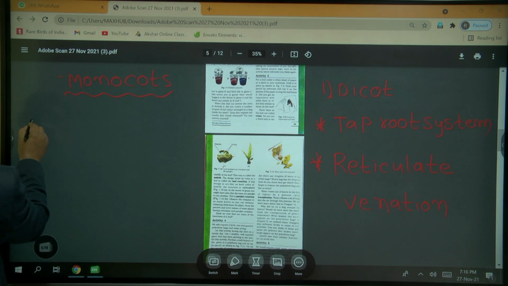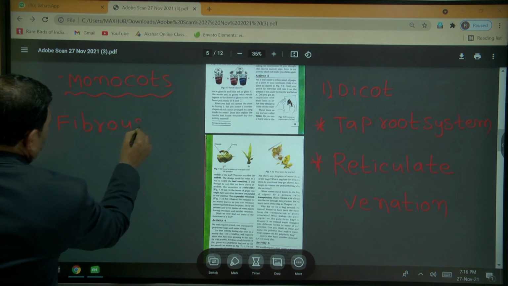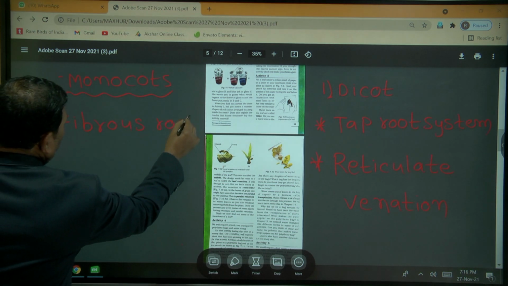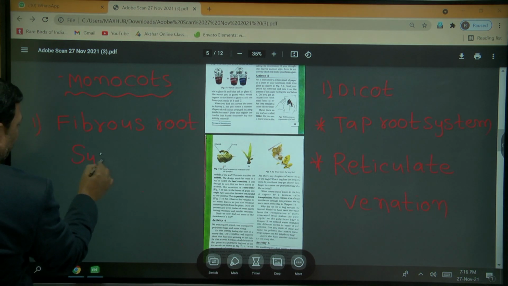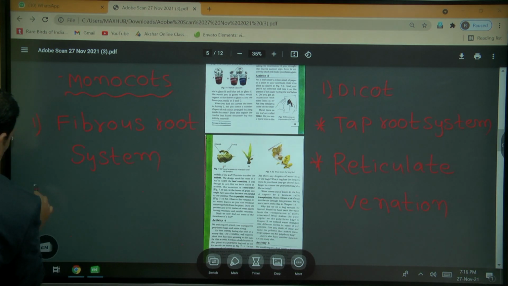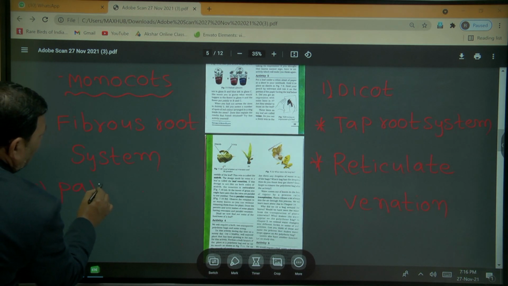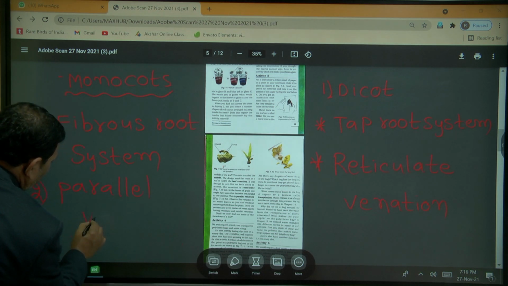First one is the fibrous root system. Second point is parallel venation.